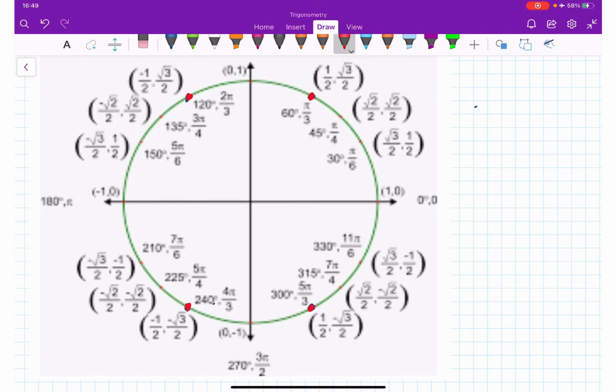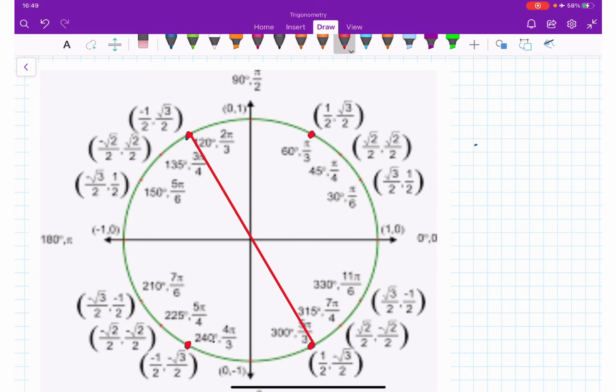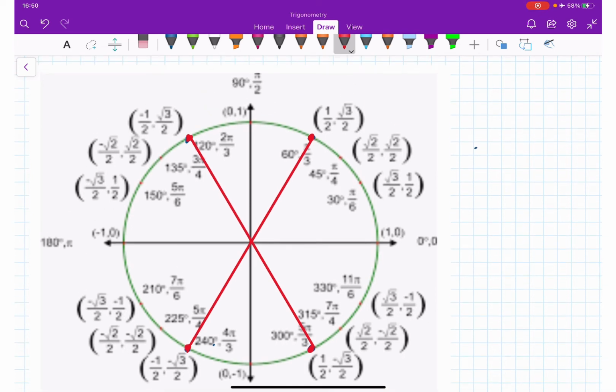So what's happening here? If I provide a diameter, which makes 180 degrees, here also. So can I put pi over 3? This is pi over 3, plus 180 degrees because it's a direct straight line, and 2 pi over 3 plus 180 degrees, right?